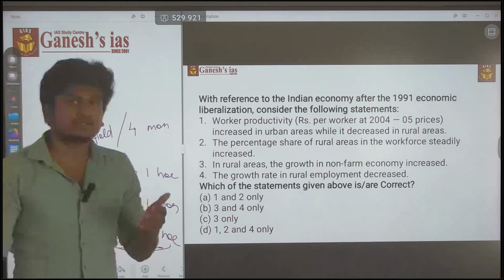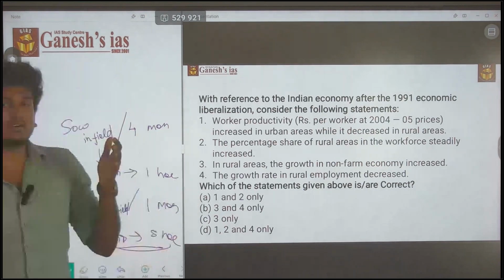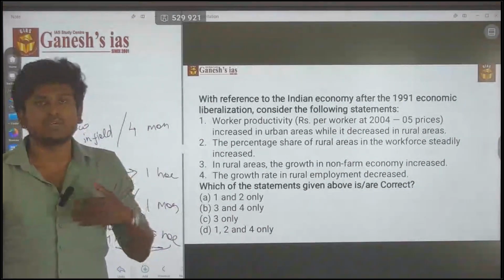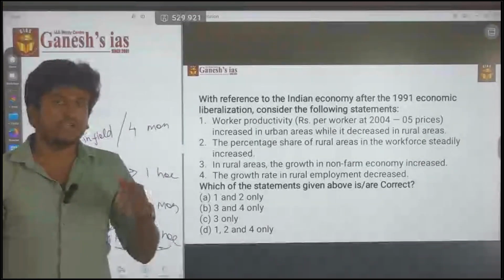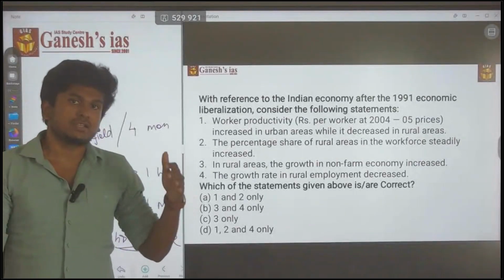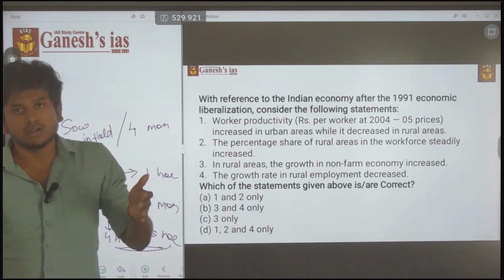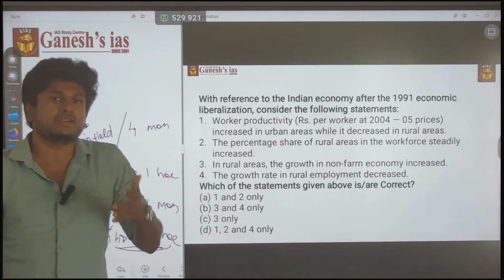Due to the liberalized laws there was a growth of a lot of companies, and also transfer of technologies and machines happened. So worker productivity increased in both areas, the rural area and the urban area.